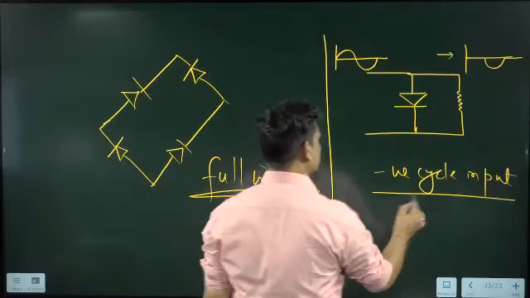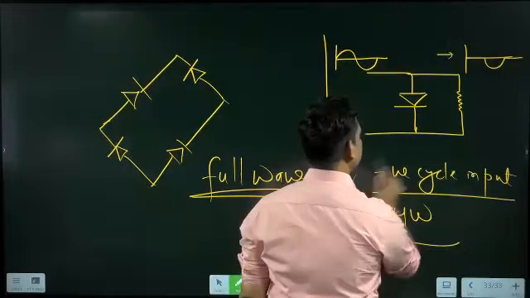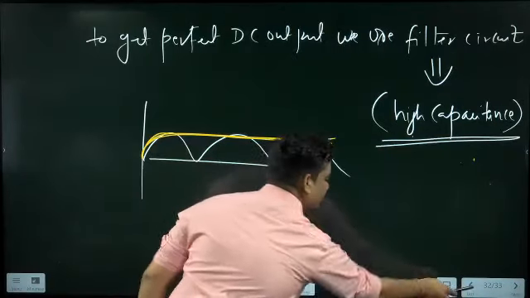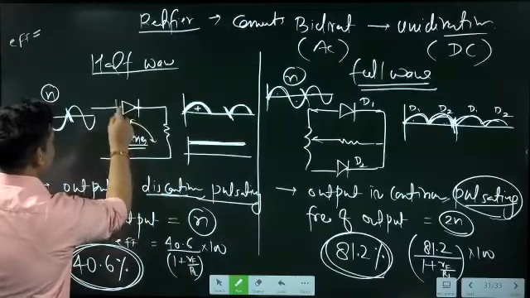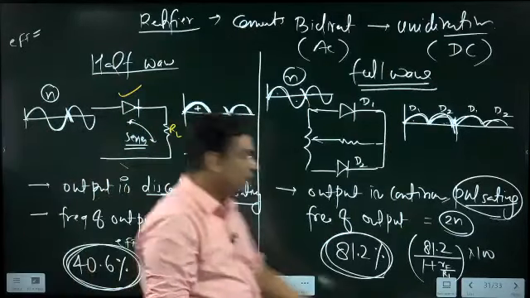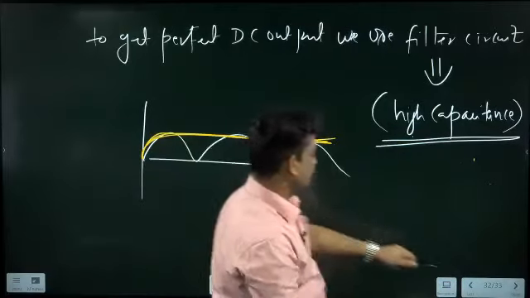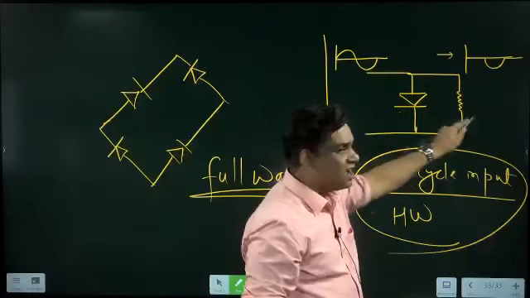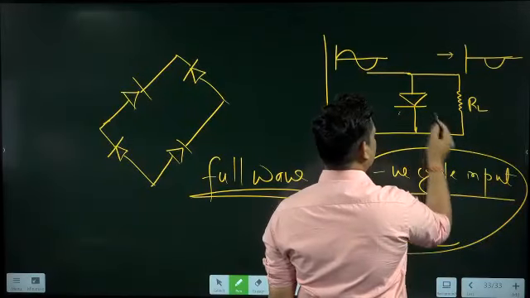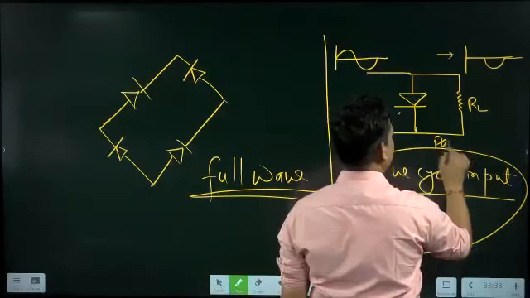So we can say this is also half wave, but the only difference from the first diagram we did is this: there, the diode and the resistance, the load RL, were in series. Here, this diode and this load are in parallel.